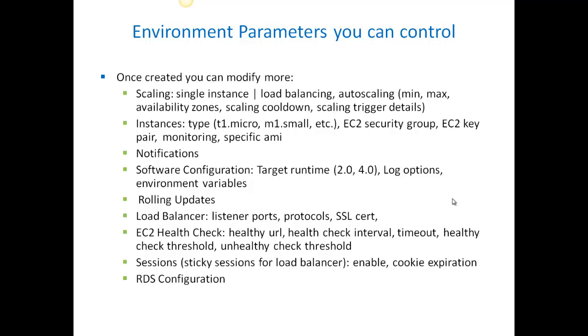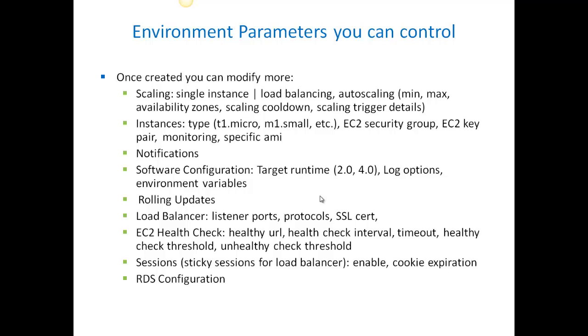I can enable rolling updates, which means that when they want to update my EC2s, they'll take one down and update it, then the next, so the whole site doesn't go down. I can tell it that I want to have sticky sessions in my load balancer.